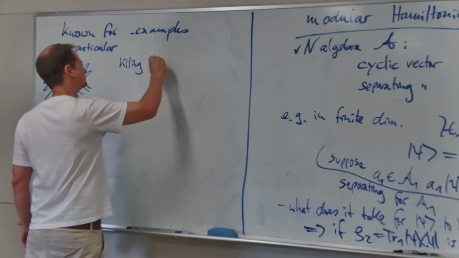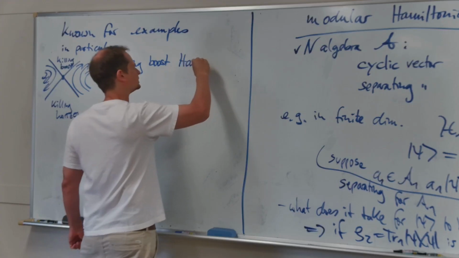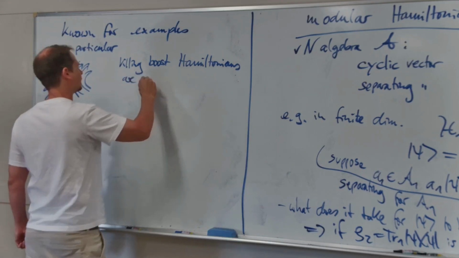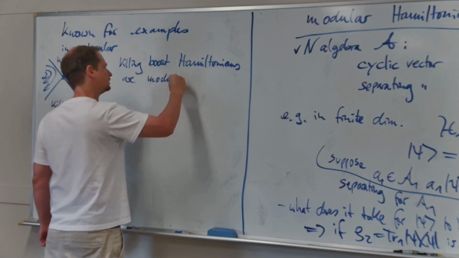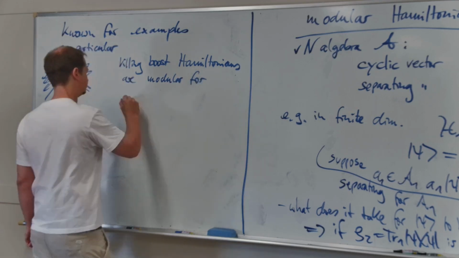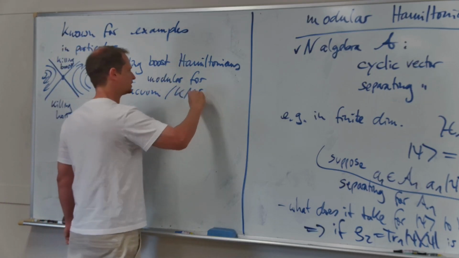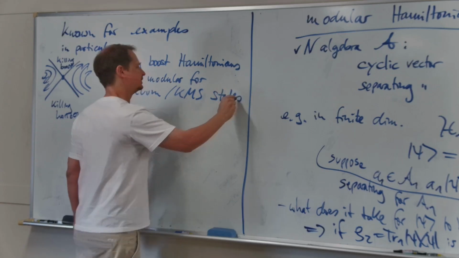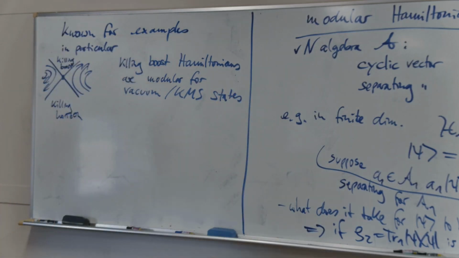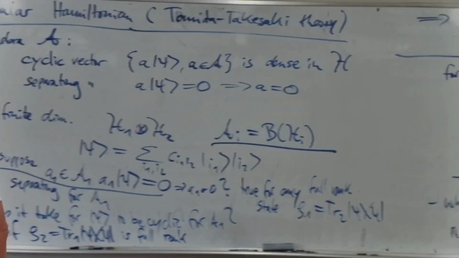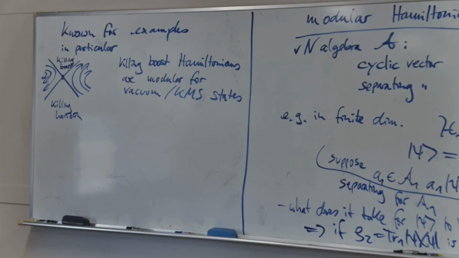Killing boost Hamiltonians are modular Hamiltonians of vacuum, also more generally KMS states. In quantum field theory, basically the cyclic separating states also use them to define thermal states.